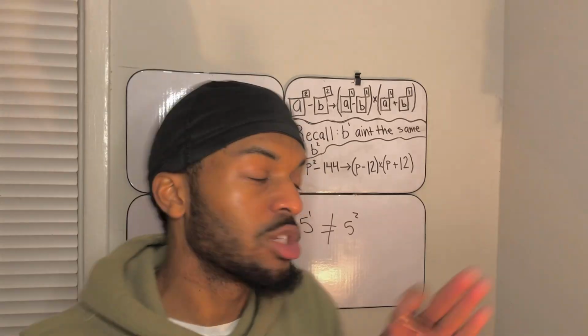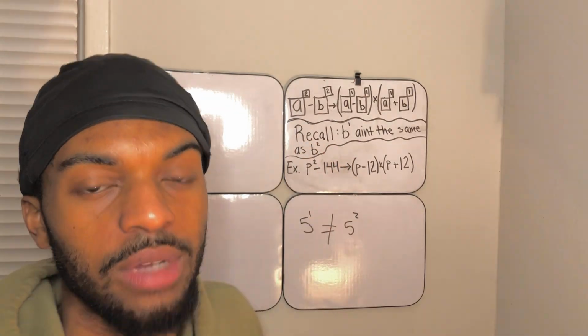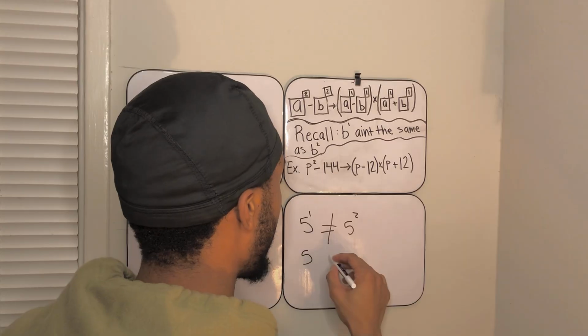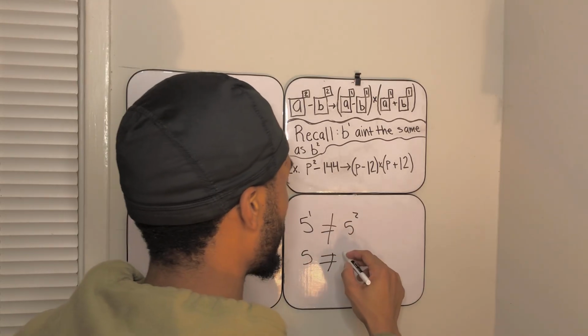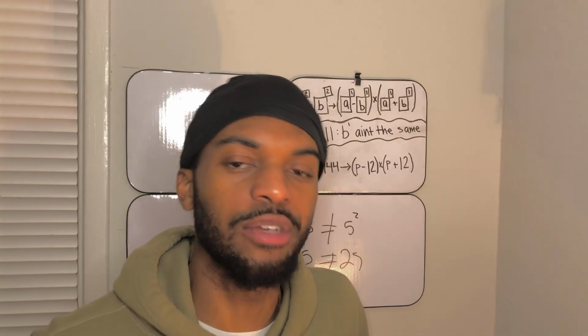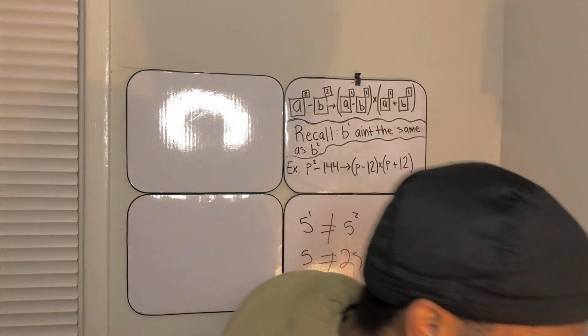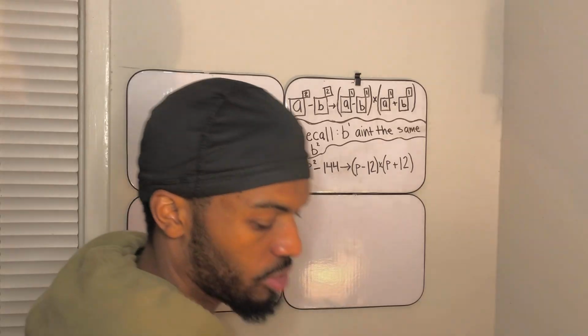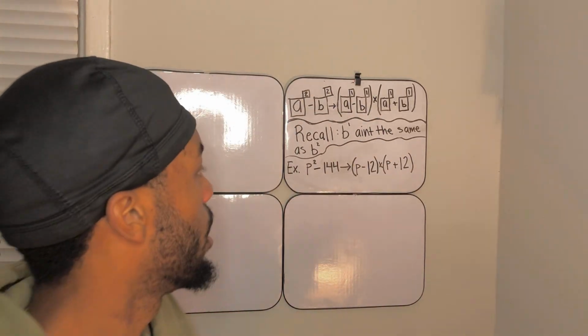I just want you to recall that fact. 5 to the first power is 5, and 5 squared is 25. So when you're working with these terms, if you're not used to that already, just keep that in mind.